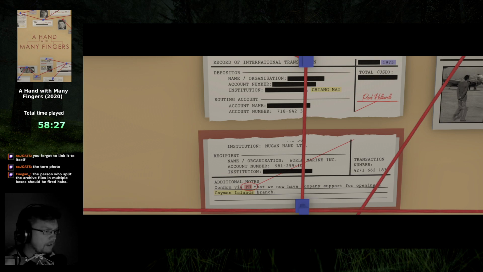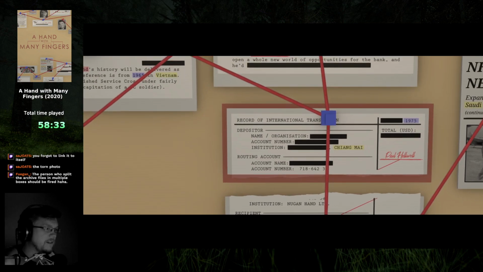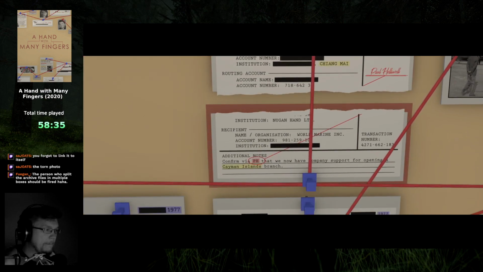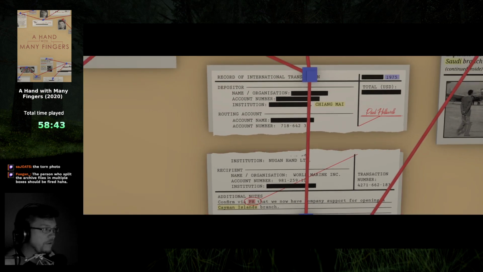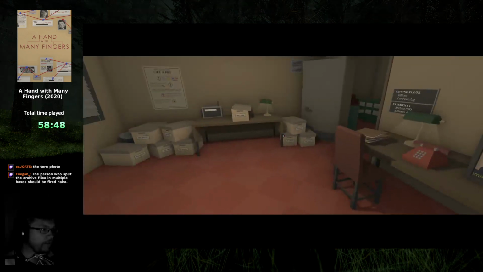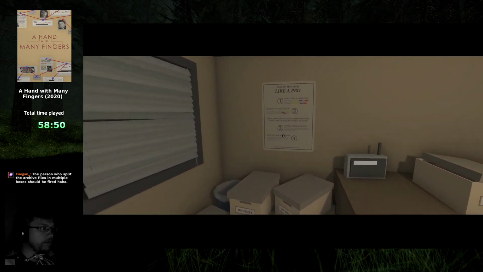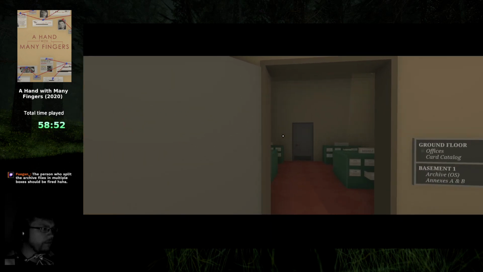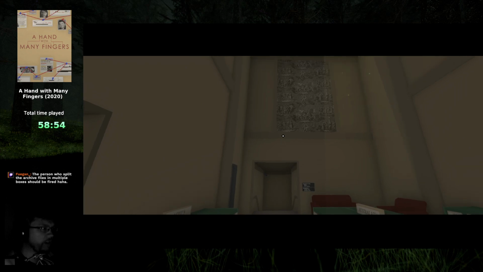Confirm via Paul Helliwell that we now have company support for opening Cayman Island branch. Oh, absolutely. Whoever did this needs to be fired. But then again, this is... I think these are like... Whose archives?